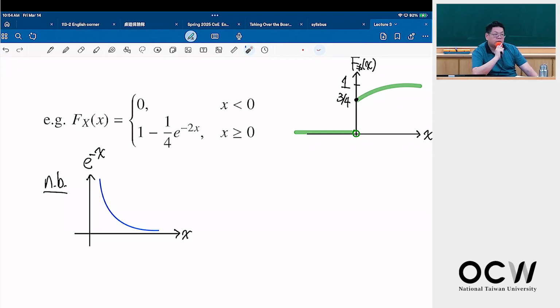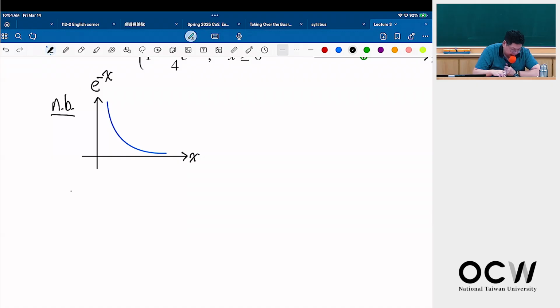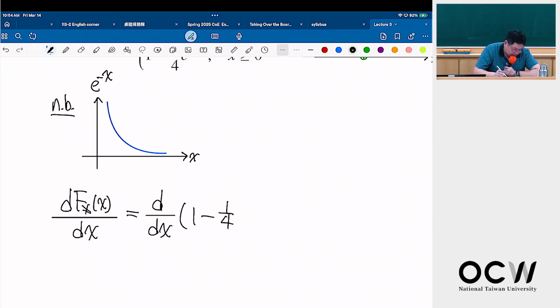For the CDF and PDF, we know that if I take the derivative of your CDF, that is the PDF. So let's take the derivative of our CDF now. df over dx. It's 1 minus 1/4 e to the minus 2x.